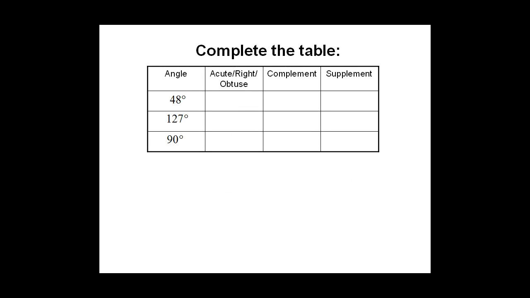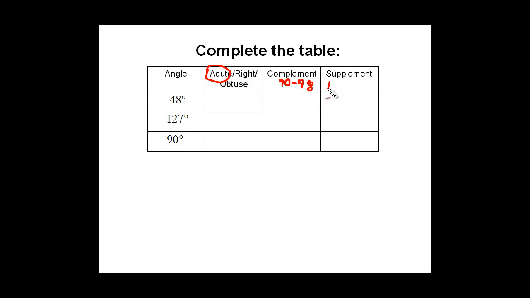Now if you look at these 48 degrees, 127 degrees, and 90 degrees, if you look at the 48 degrees, okay, that's going to be acute because it's less than 90. Its complement, you take 90 minus 48.